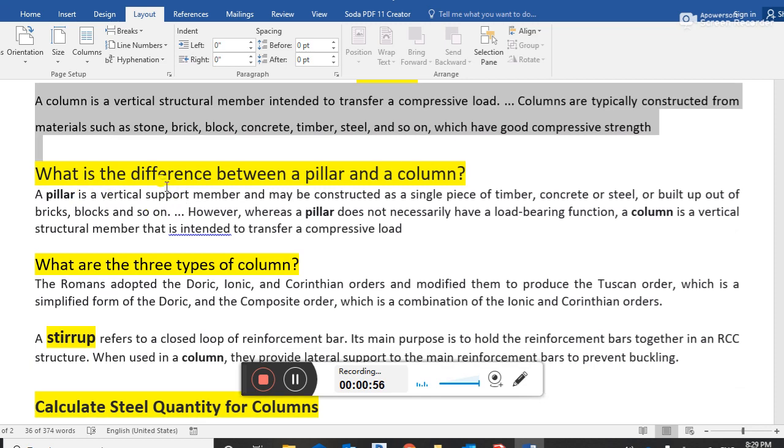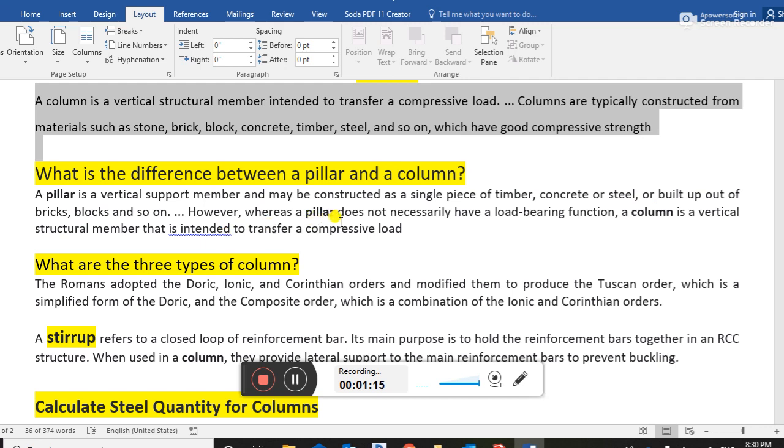Guys, what is the difference between the pillar and column? A pillar is a vertical support member and may be constructed as a single piece of timber, concrete, or steel, or built up out of bricks, blocks, and so on.